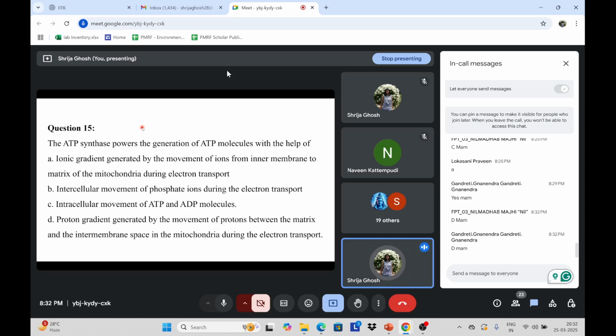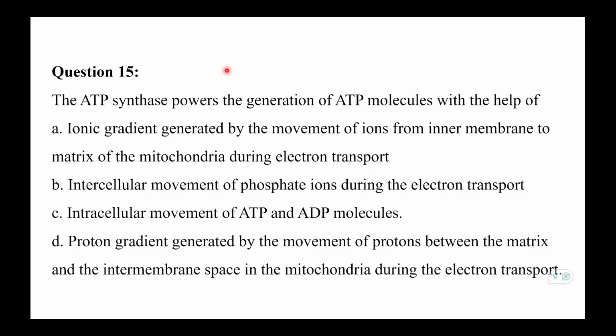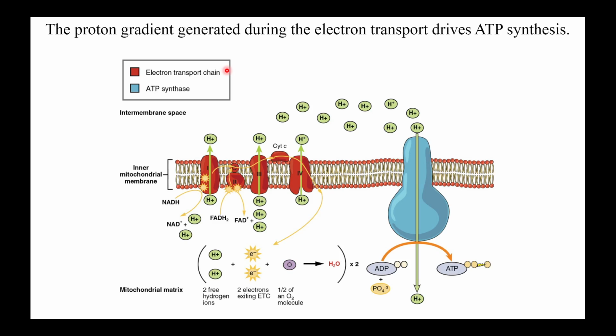I've shown you this question. I've told you the answer to this question already in the previous explanation. Option D is the correct answer. Good to all of you who did write the answer.